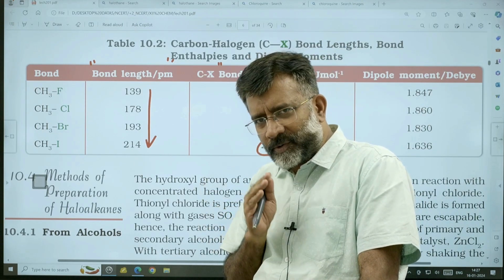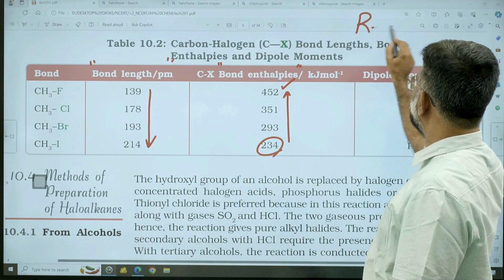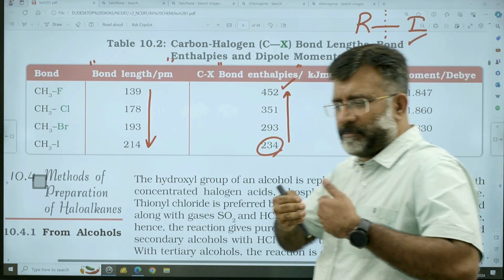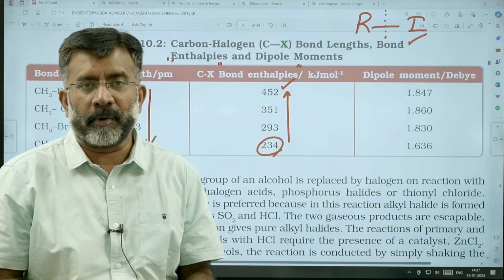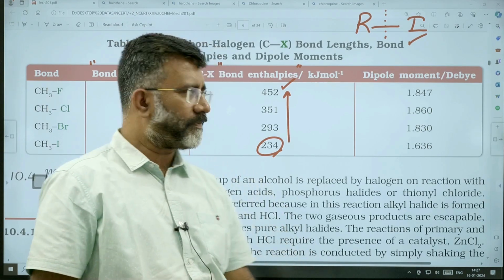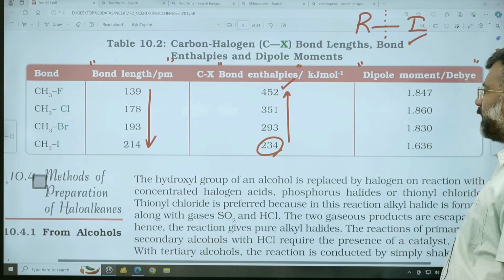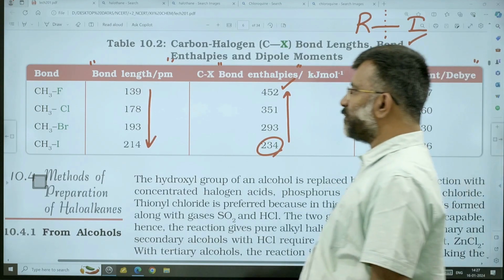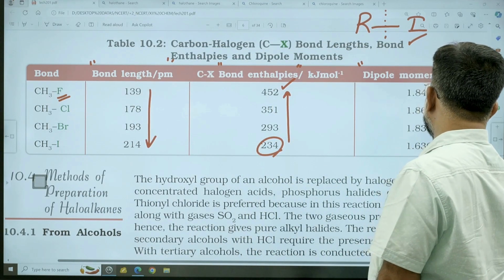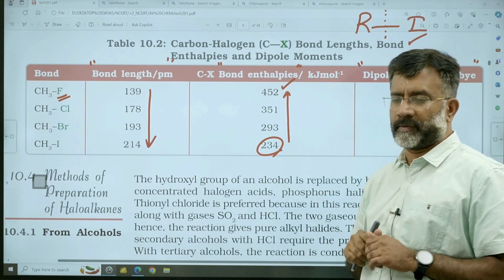Not surprisingly, iodine is a better leaving group, which will break fast, and one important point is that the C-I bond enthalpy is minimum. Now something very interesting is the dipole moment. It is most expected to be highest for fluorine because of its high electronegativity, but the value is slightly greater, maximum, for the monochloro derivative.